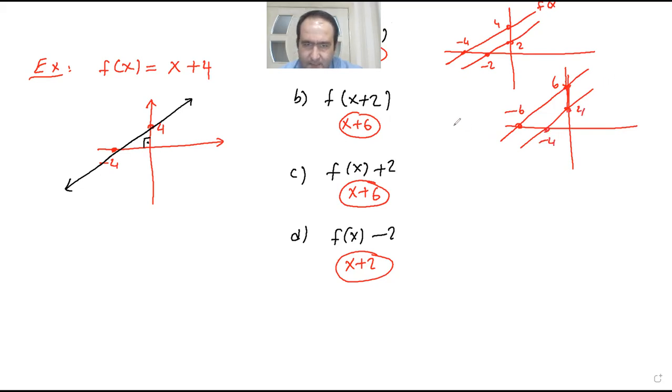This is f(x), and we shift the original graph to the left 2 units. And so it's easy: up 2 units, yes.